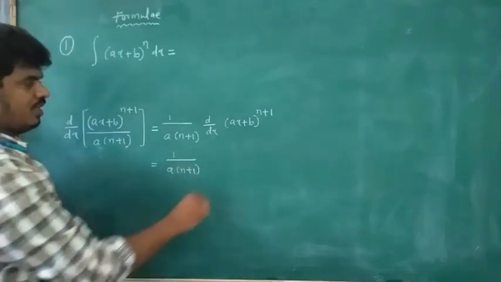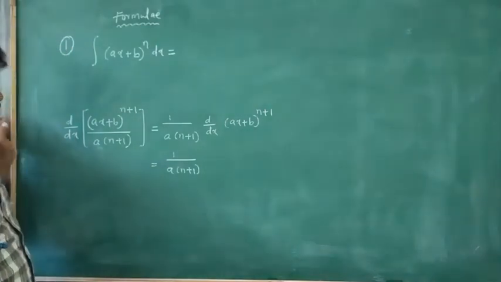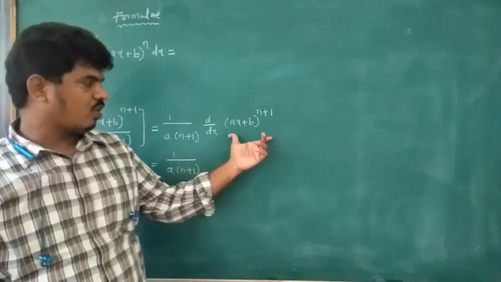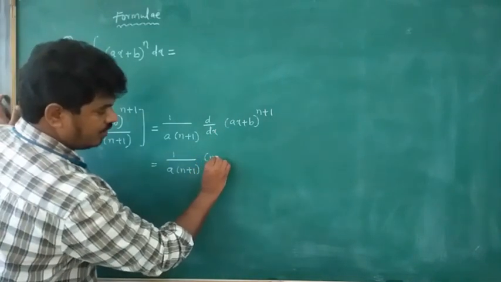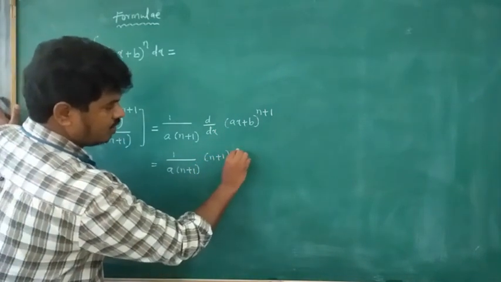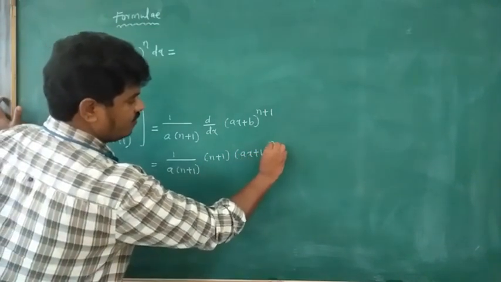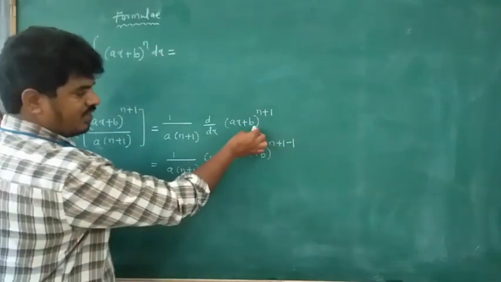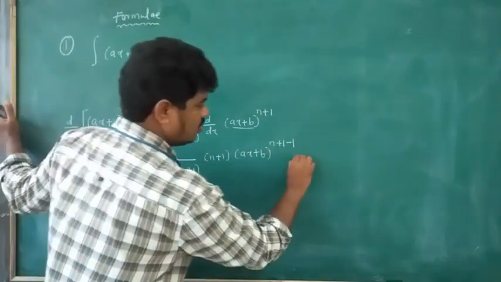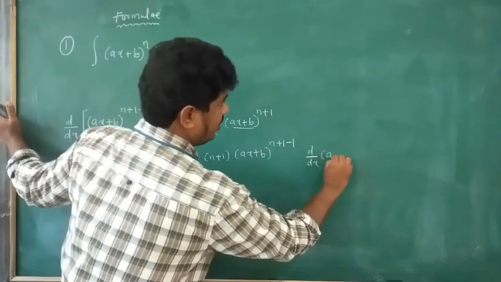Already you know that it is just like x to the power of n. What is the derivative of x to the power of n? N into x to the power of n minus 1. So from this what can we write? N plus 1 into ax plus b whole to the power of n plus 1 minus 1. In the place of x, we are having ax plus b. So into d by dx of ax plus b.